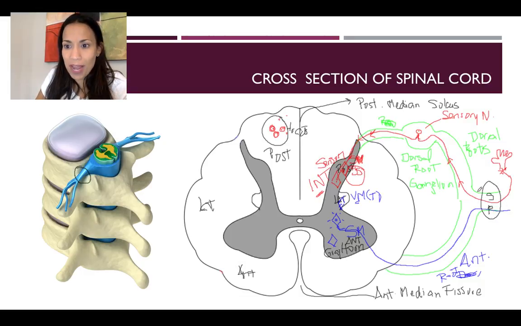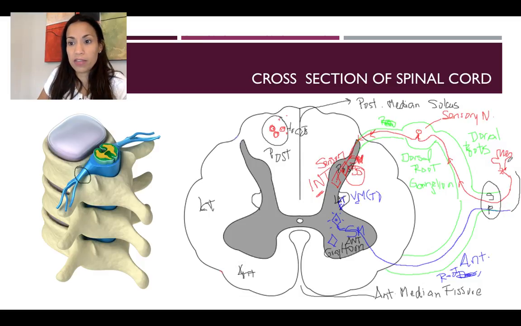So the spinal nerves are called mixed because they carry both sensory fibers, delivering information from the receptors to the spinal cord, but also motor fibers or motor axons that are delivering motor commands from the spinal cord to the effector.